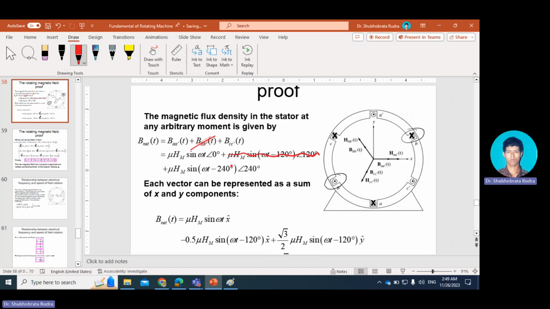So this will not be there. However, please note that when basically only two phases are present, things will become what we call short circuiting.